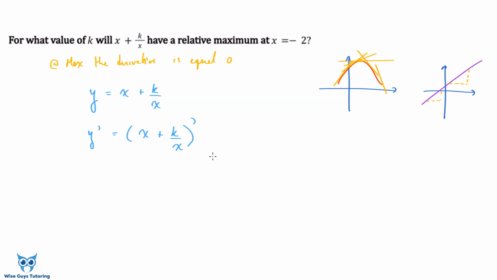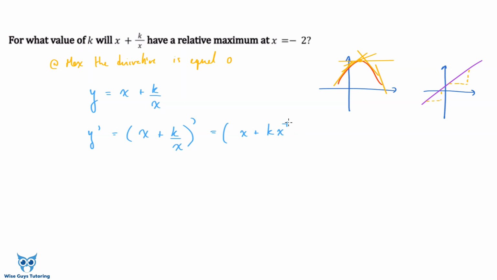Now the rules when you're doing derivatives and integrals, we don't like to have anything in the denominator, right? It's much easier to put him up. So we can rewrite this as x plus k times x to the minus 1.